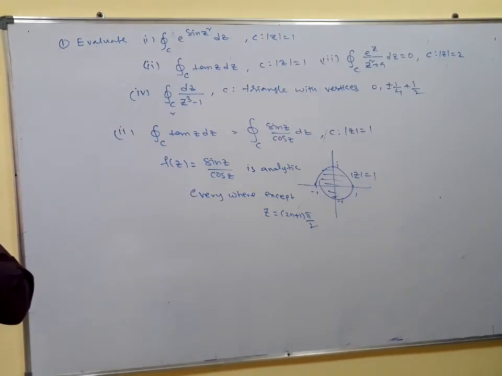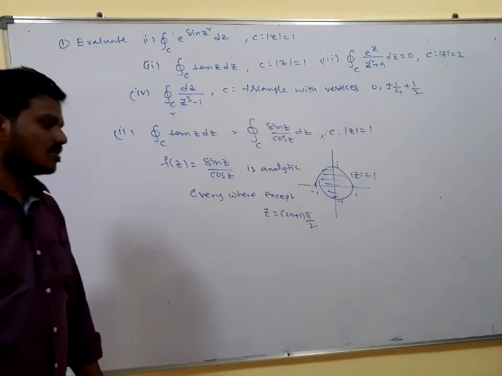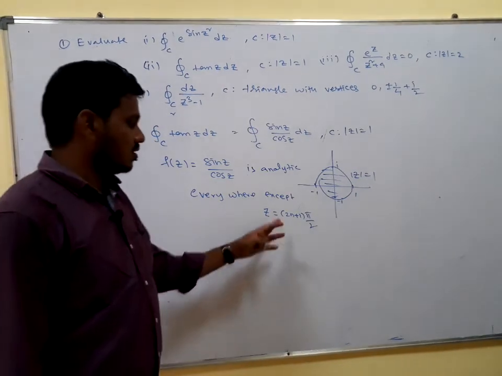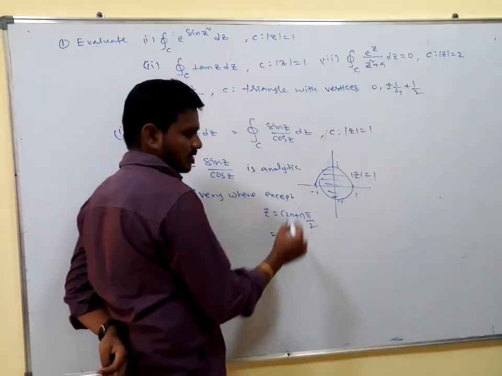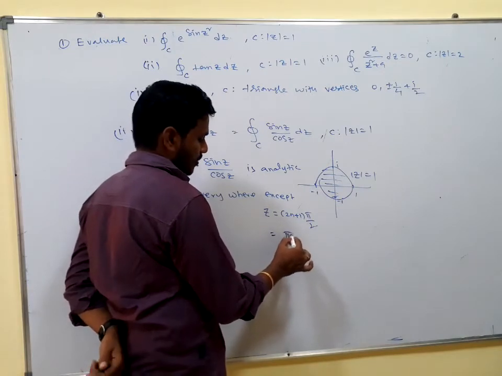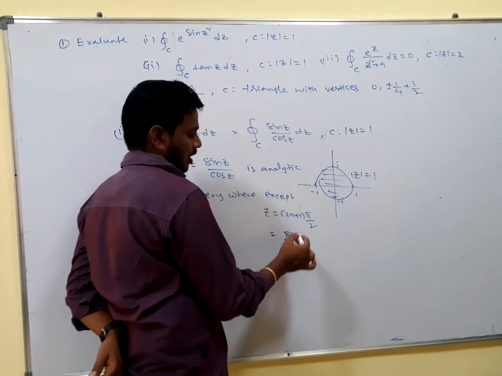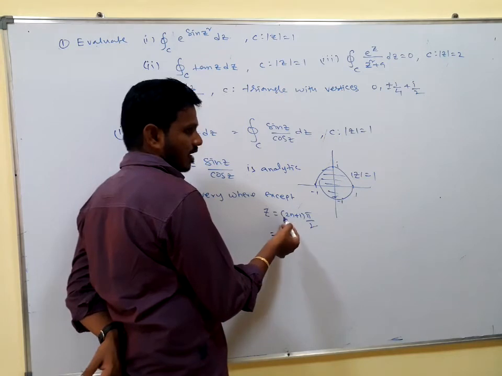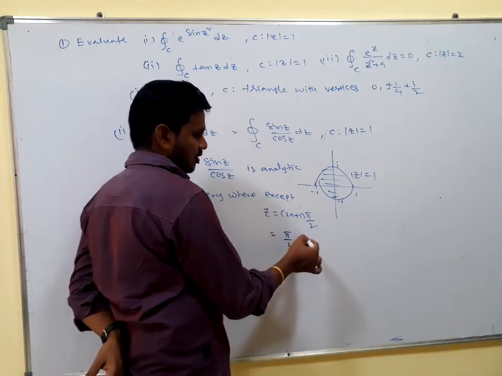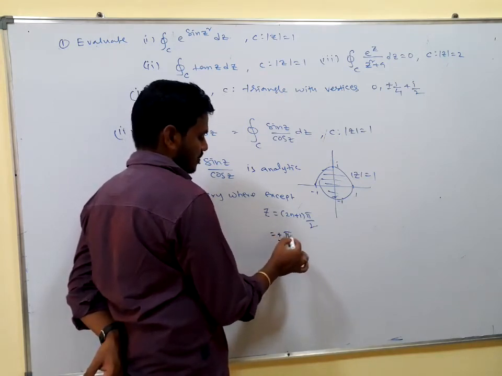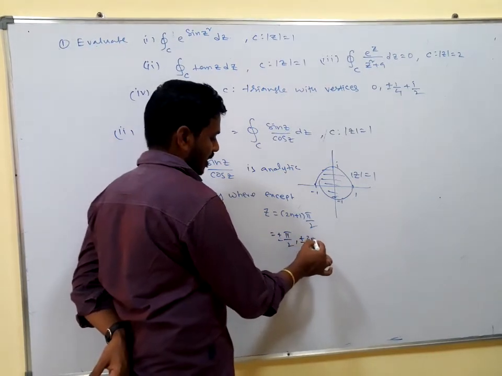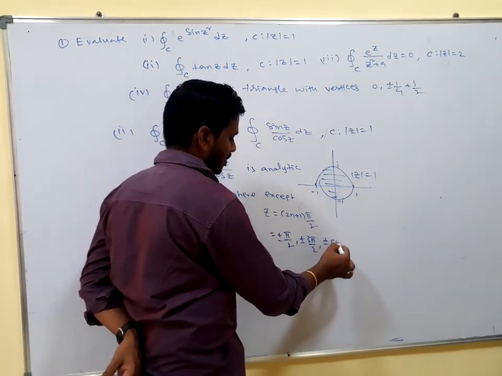The function is not analytic at these points. If I take n equals 0, you will get pi by 2, and next n equals 1 gives 3 pi by 2. That means plus or minus pi by 2, plus or minus 3 pi by 2, plus or minus 5 pi by 2.